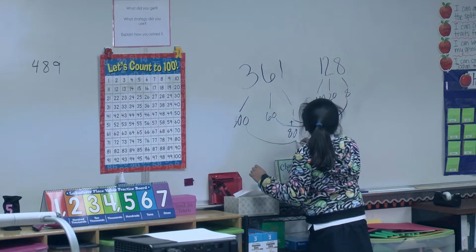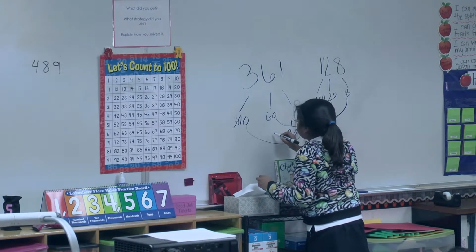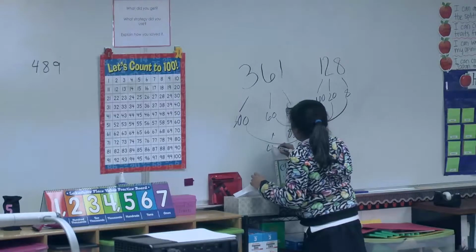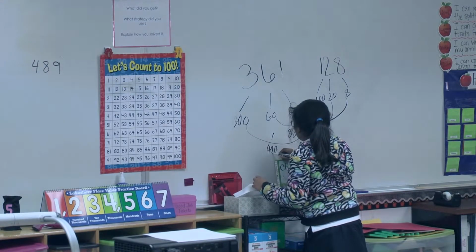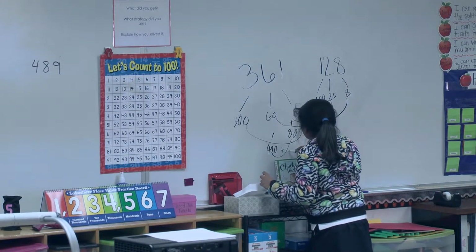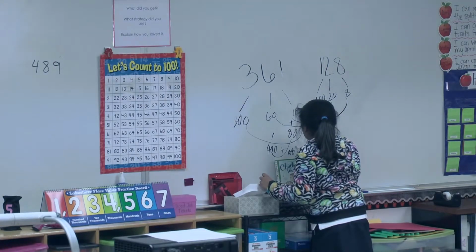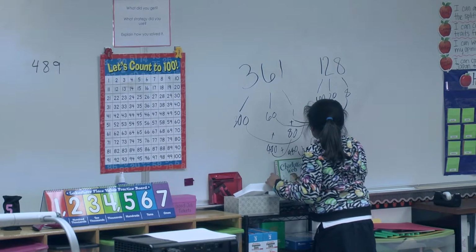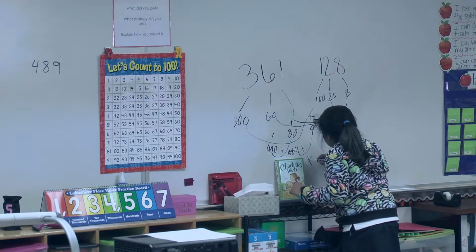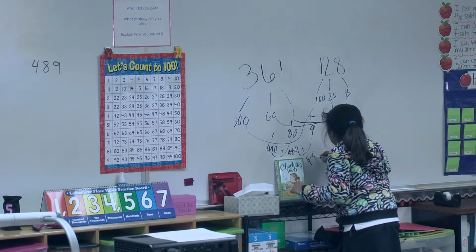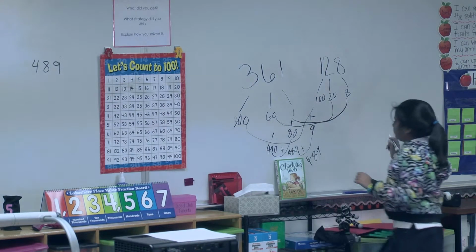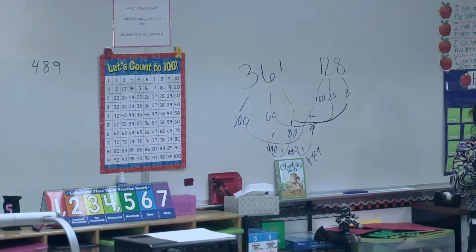And 100 plus 300 equals 400. And then I did 400 plus 80 equals 480. 480 plus 9 equals 489. Thank you, Sloane. Awesome job.